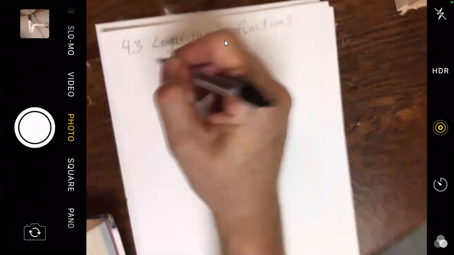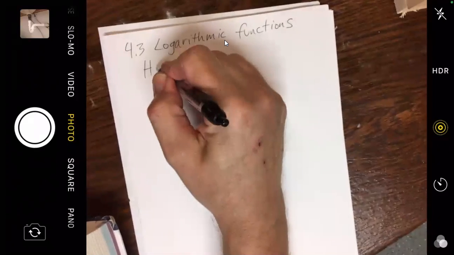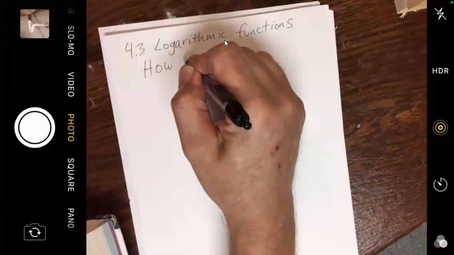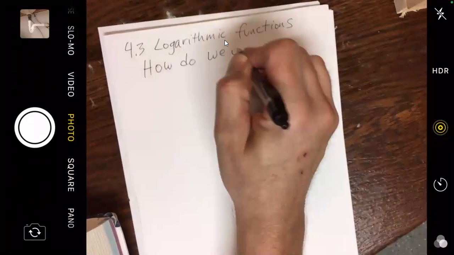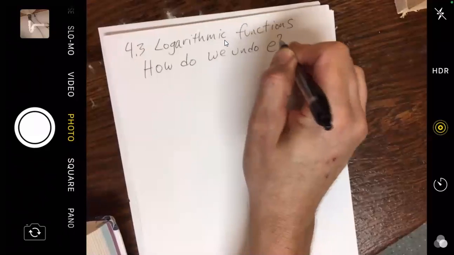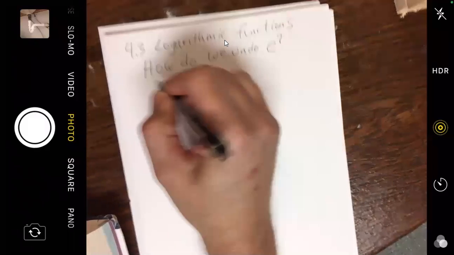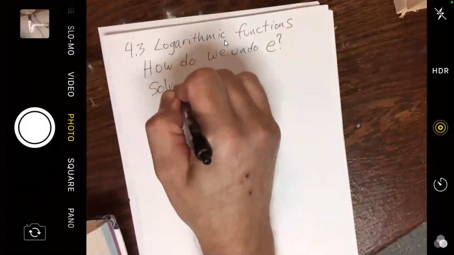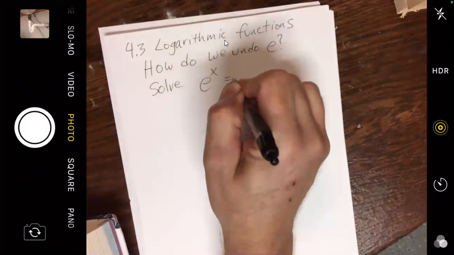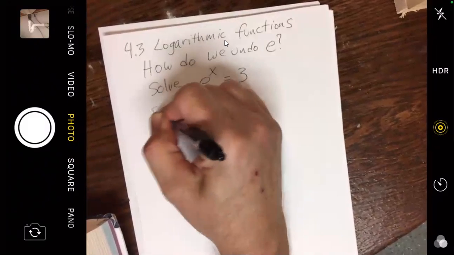Basically, how do we undo e? Or in other words, solve e to the x equals 3, and we want to find x.